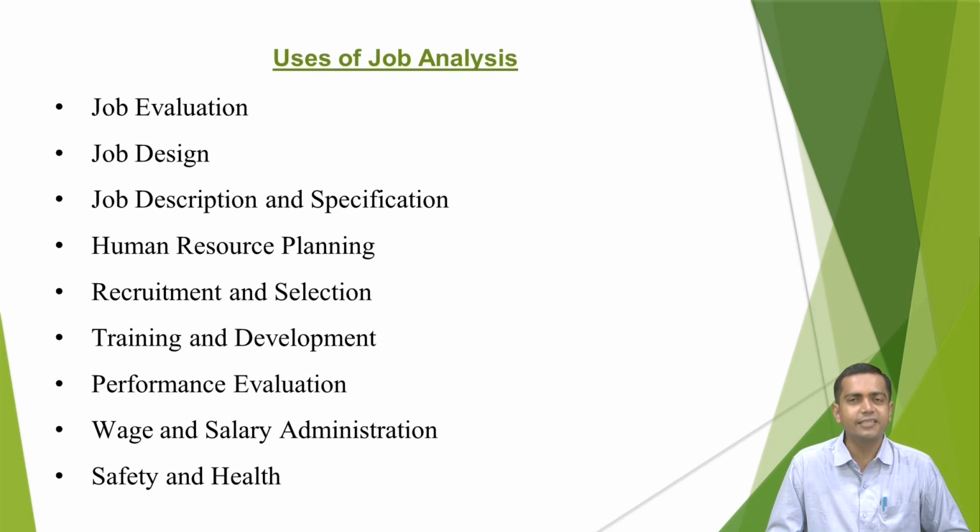If job analysis has been done properly, we can think that yes, people will remain healthy, people will remain safe. So these were the various utilities of job analysis. It might start with job evaluation, where we try to evaluate different jobs with one another, but it ends certainly with the safety and health parameters of people who are working in an organization.